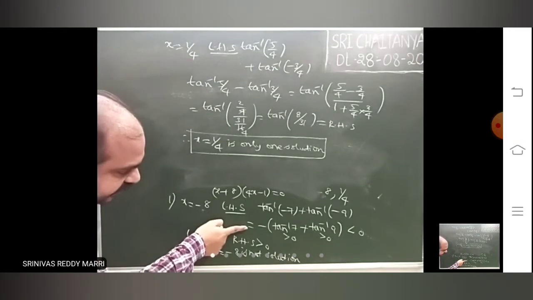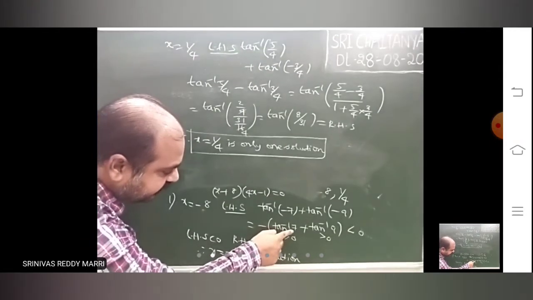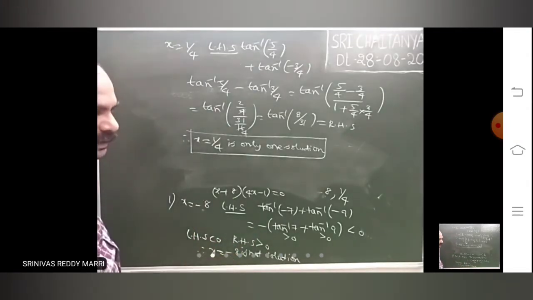You will get some solutions like this, where if you substitute, you will get LHS negative and RHS positive. Obviously, this will not be a solution, right?